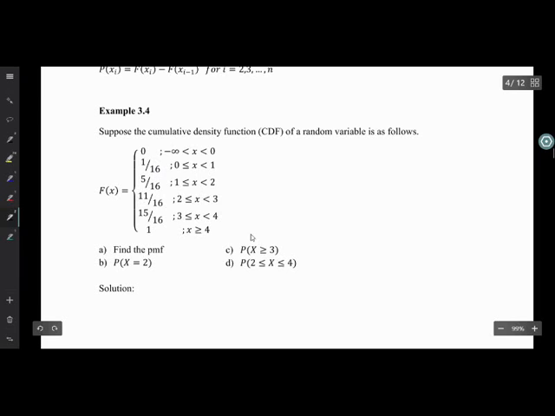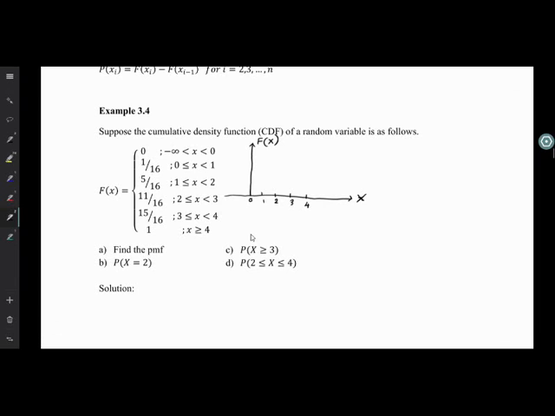So if you draw the step function for this random variable X, with x on the axis: 0, 1, 2, 3, up to 4 only.